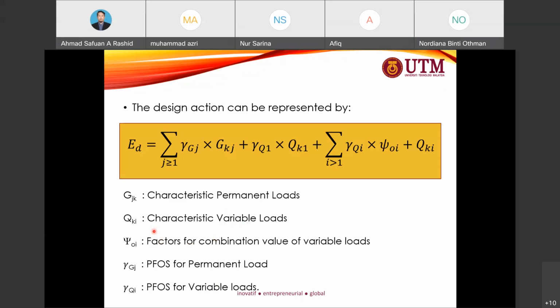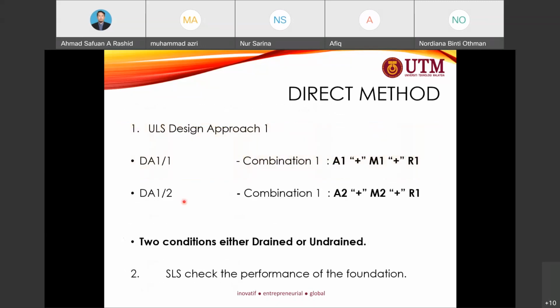I will show you in the example how we apply this design action using the EC7. So this is the design action. Then for the design resistance, we may use this approach as we have discussed previously.